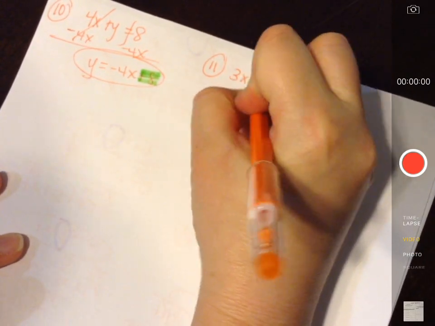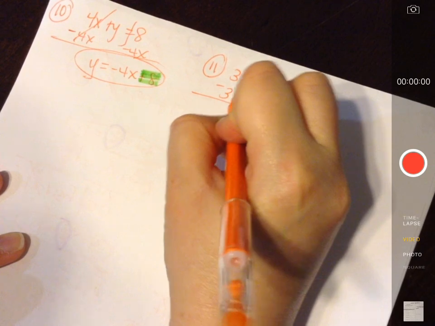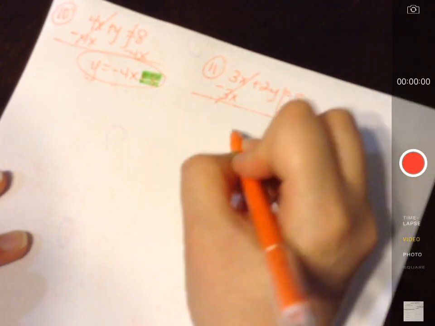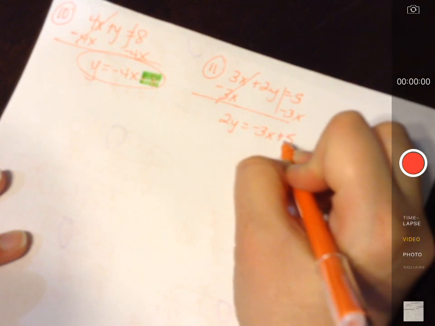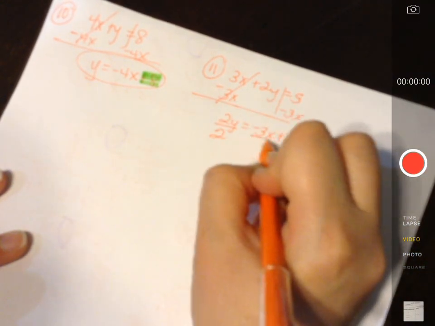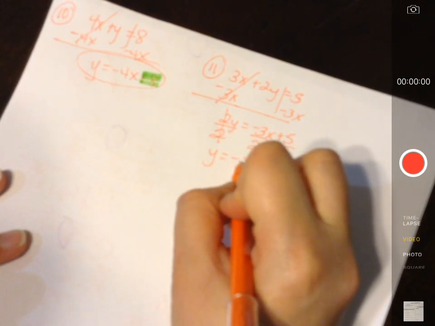Number 11 was 3x plus 2y equals 5. Subtract 3x from both sides. I'm left with 2y equals negative 3x plus 5. Divide everything by 2. y equals negative 3/2 x.